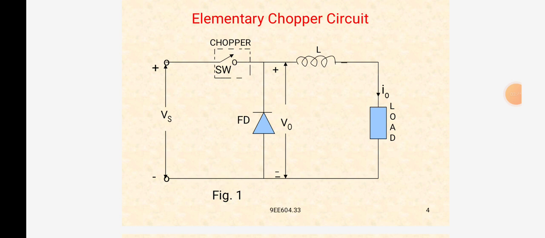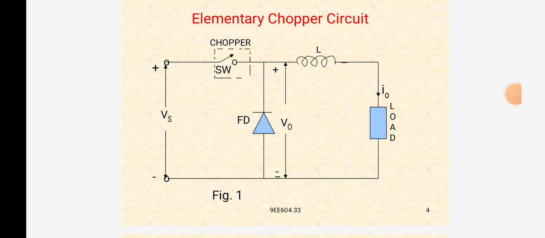The working: the chopper is represented by a switch, SW, which may be turned on or turned off as desired. During the period T on, the chopper is on and the load voltage is equal to the source voltage Vs. During the interval T off, the chopper is off.